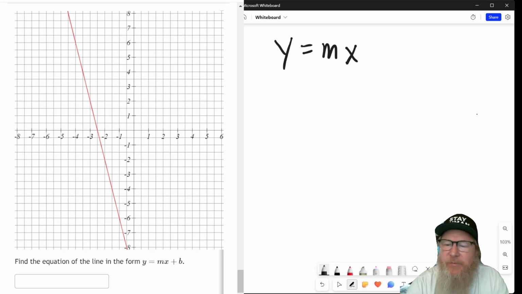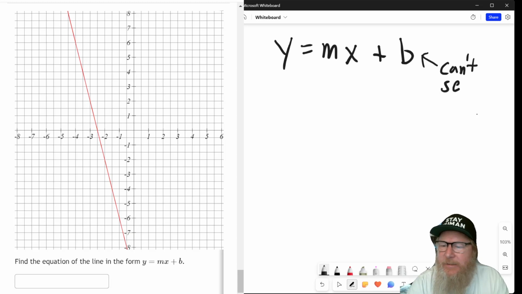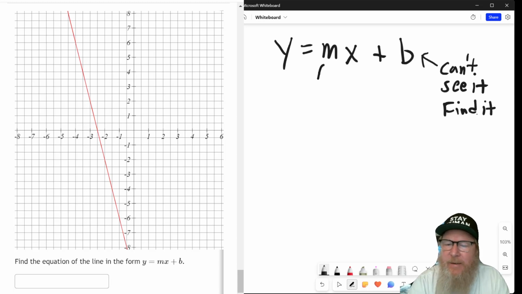I sometimes refer to b as a freebie, but not today, because if you can't see it, then you have to find it. And you're going to find it algebraically by first finding m. So first find the slope.